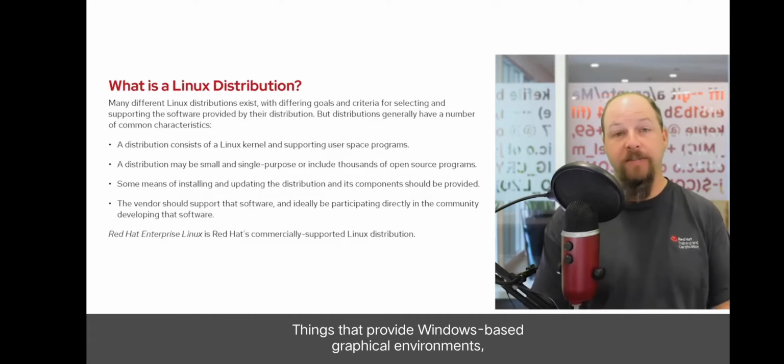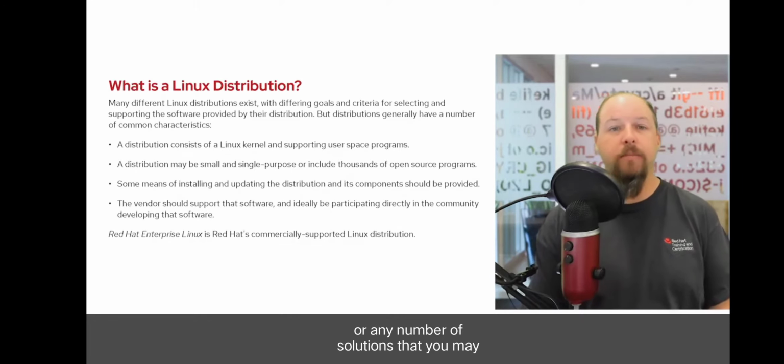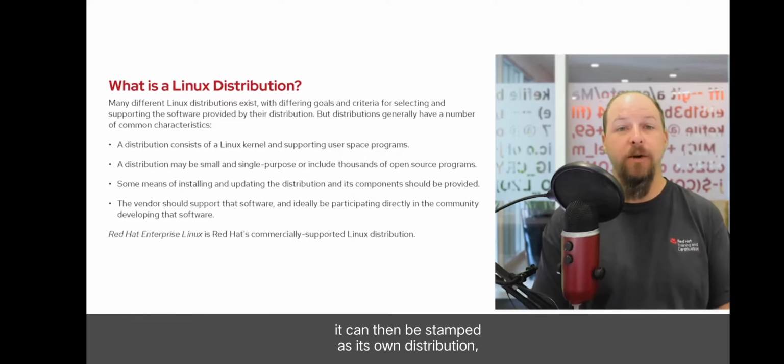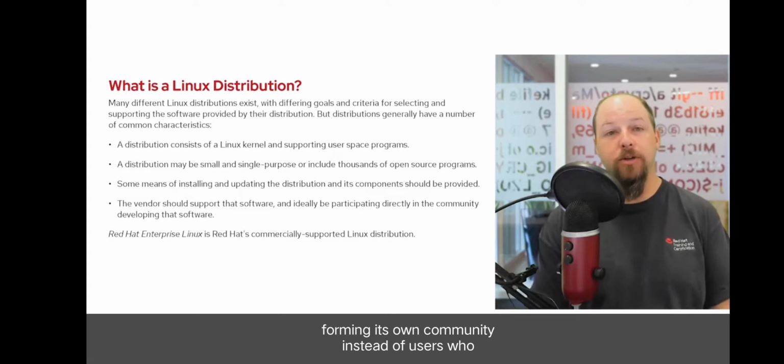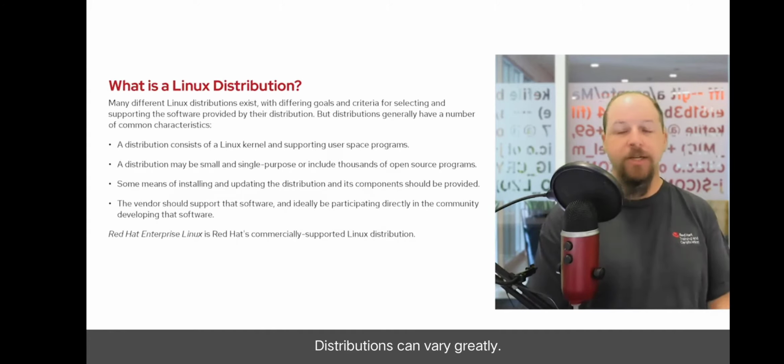Things that provide Windows-based graphical environments, web servers, user management toolkits, or any number of solutions that you may need in your specific distribution. Once a set of software is collected, it can then be stamped as its own distribution, forming its own community and set of users who contribute to and maintain that specific Linux distribution.